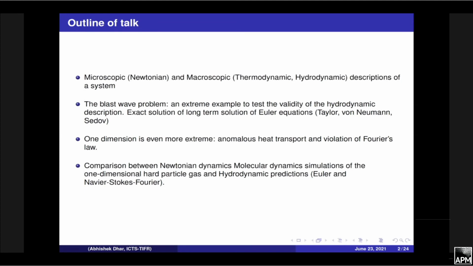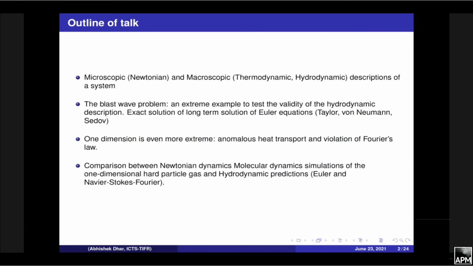This problem is very interesting because of the Euler equations, which describe the hydrodynamic fields of density, momentum, and energy in any fluid. Usually they are of course nonlinear equations which are difficult to solve.